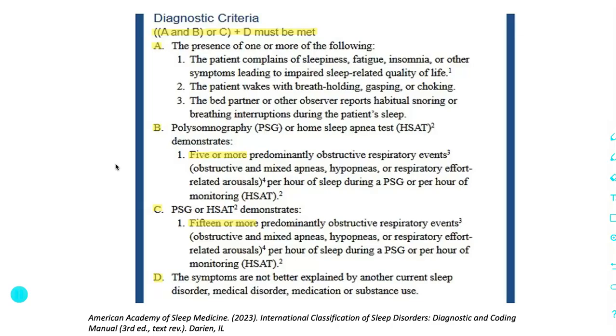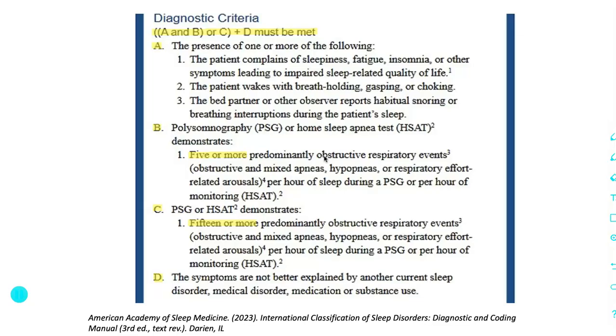A is the daytime symptoms and witnessed apnea, such as gasping, choking, or the partner observing habitual snoring or breathing interruptions. B is polysomnography or a home sleep study demonstrating 5 or more obstructive respiratory events per hour during the PSG or HSAT.